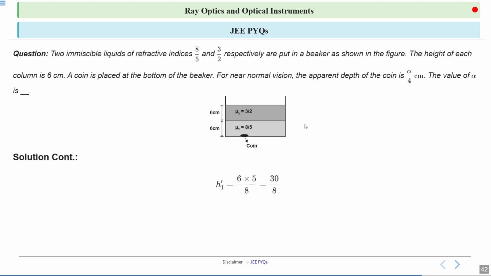Here the actual depth is 6 centimeter and the refractive index of the first liquid is 8 by 5. So we calculate the apparent depth as 6 multiplied by 5 upon 8, which is equal to 30 upon 8. So apparent depth h1 dash will be equal to 15 upon 4 centimeter. This is the depth at which the coin appears to be when viewed through the first liquid.